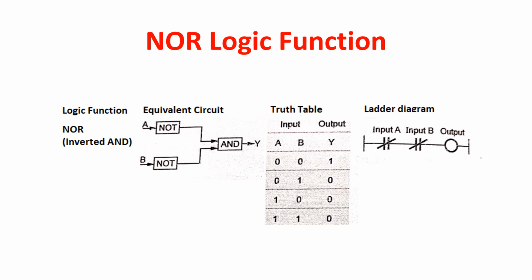From the truth table, when both the inputs A and B are 0, then we get the output as 1. If any one of the inputs is 1 or both the inputs are 1, then the output is 0. This is the truth table for the NOR logic function. The corresponding ladder diagram for the NOR logic function is indicated here.